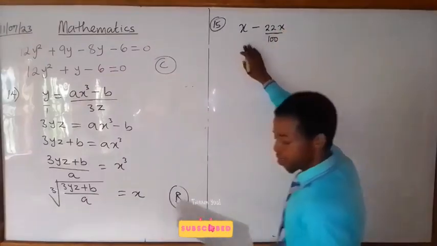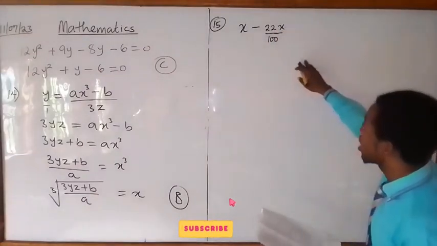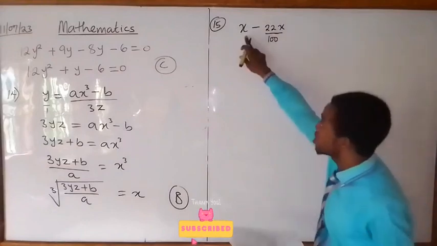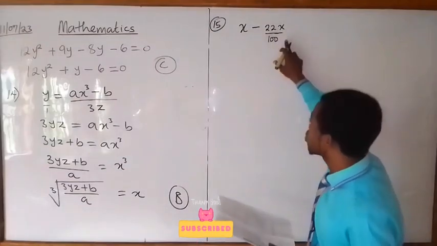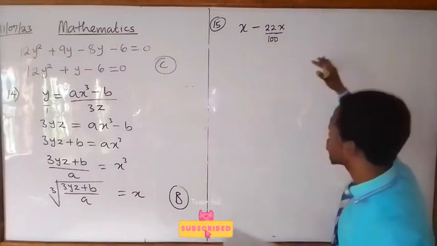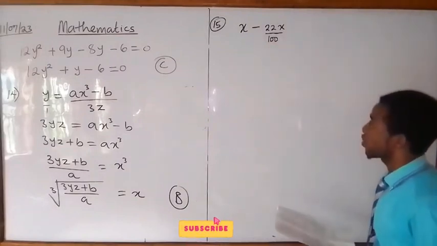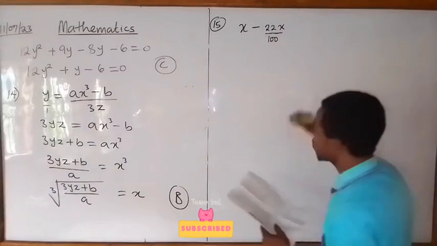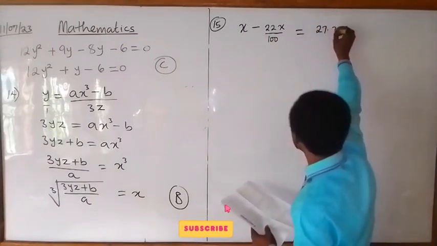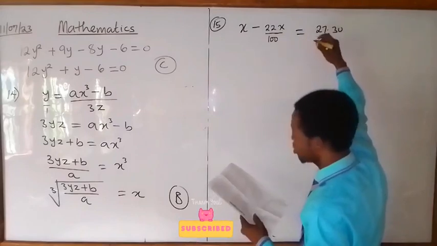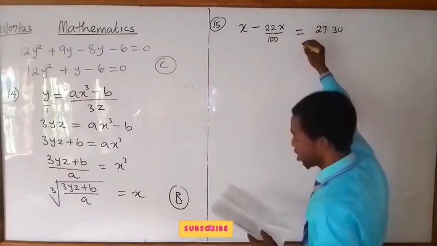That's the meaning of decreased. So we decrease the price of the shoe, which is x dollars, by 22%, meaning we subtract 22% of x from x, and the new price gives us $27.30. The unit of the money they use is dollar.